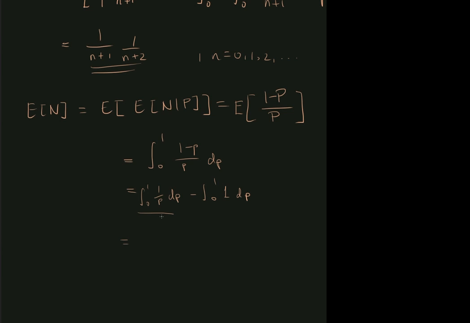And what is this thing? Well, what thing do I need to differentiate to get 1 over p? The thing that I need to differentiate to get 1 over p is log. No, wait. Do I need to?